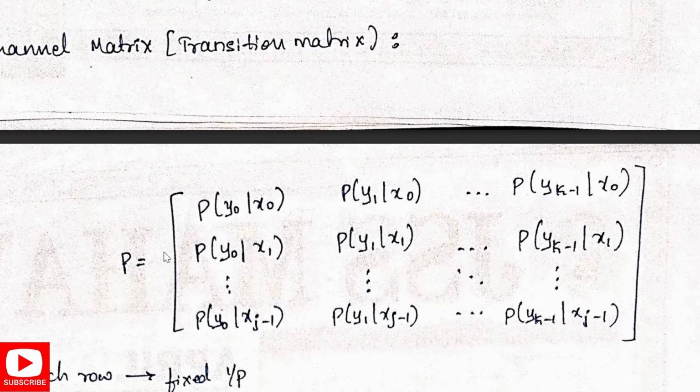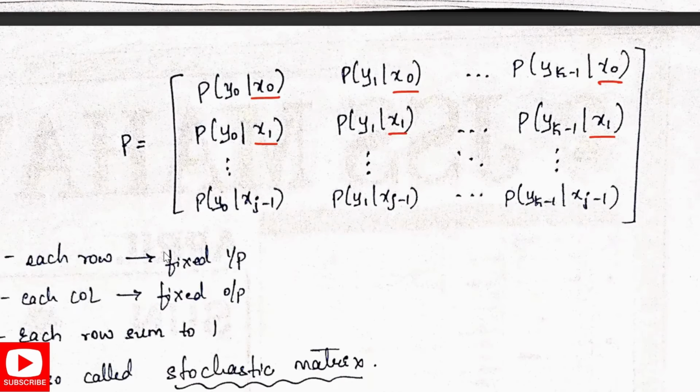Each row has a fixed input: you can observe it is x0, x0, x0, so the input is fixed in each row. In each column, the output is fixed: y0, y0, y0. So input is fixed in a row and output is fixed in a column. Each row sum should be equal to 1. If you add all of these, the summation of each row should be equal to 1. So it is also called a stochastic matrix.